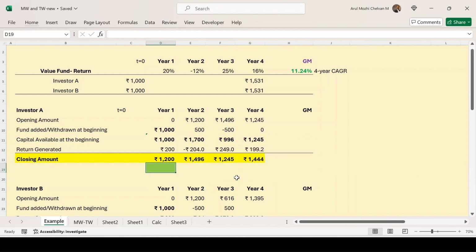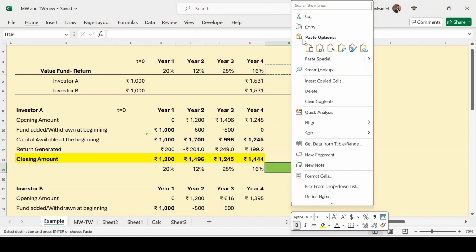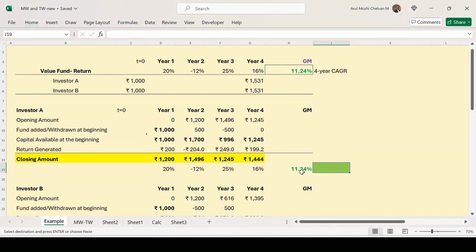Now we can calculate the annual return as fund value at the end divided by fund value at the beginning, minus 1. This is 20%, minus 12%, 25%, 16%. So we have to calculate the geometric mean of these returns to find the time weighted return. You can see 11.24 is the time weighted return.